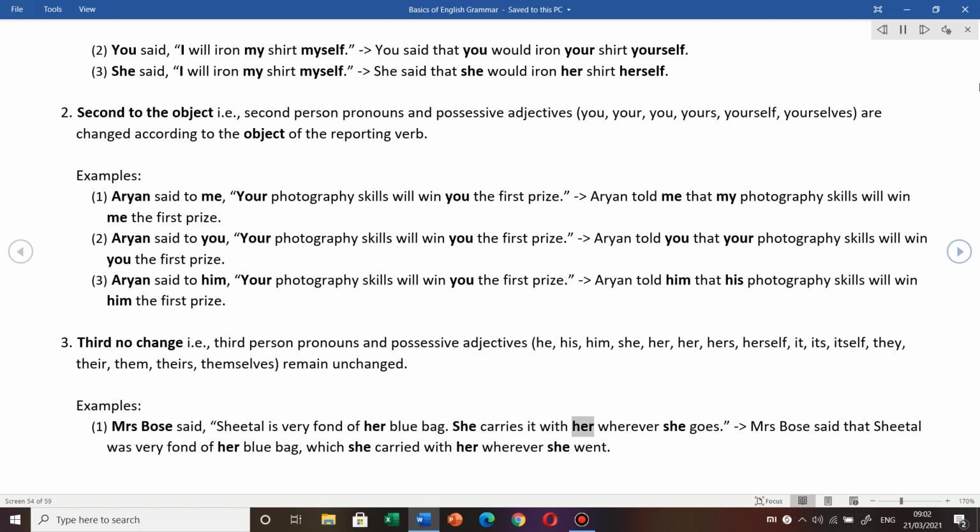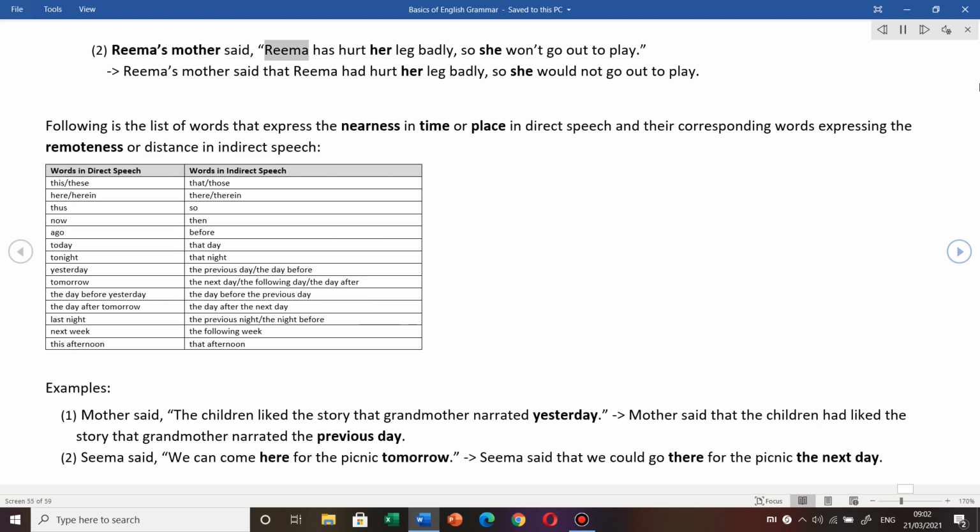She carries it with her wherever she goes." Mrs. Bose said that Sheetal was very fond of her blue bag, which she carried with her wherever she went. Rima's mother said, "Rima has hurt her leg badly, so she won't go out to play." Rima's mother said that Rima had hurt her leg badly, so she would not go out to play.